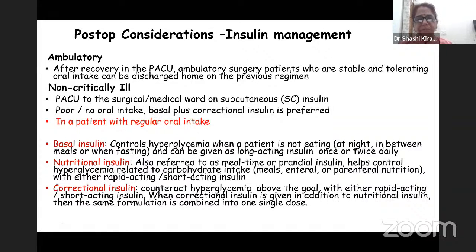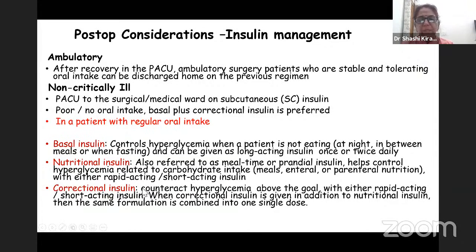I'll talk about what correctional insulin is. For a patient who is having regular oral intake, what should be done? Basal insulin should be used, plus nutritional insulin. So I would just like to comment on correctional insulin. What is that?